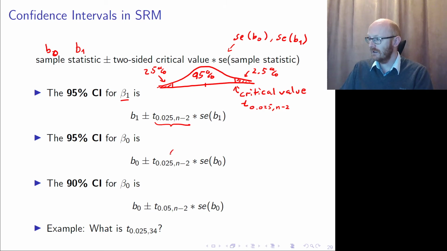You have the same critical value, but of course the coefficient value and the standard error of the coefficient differ from the B1.